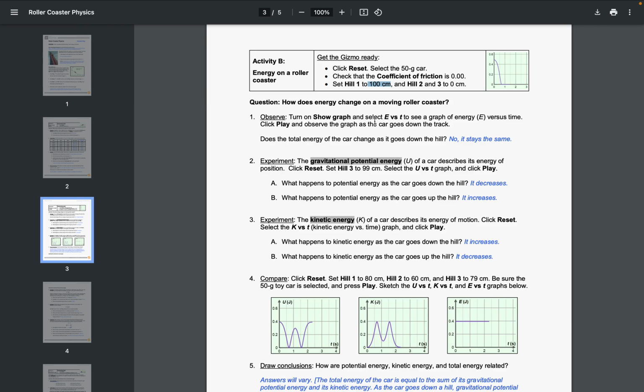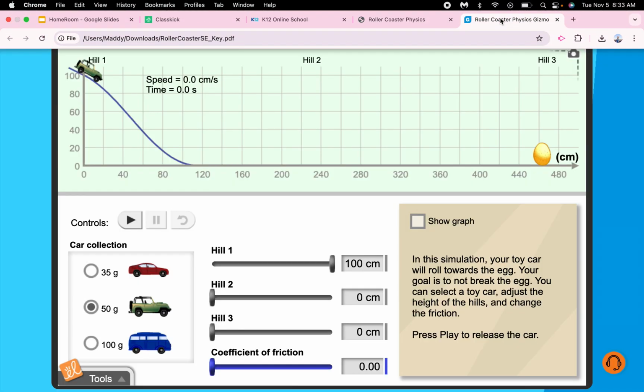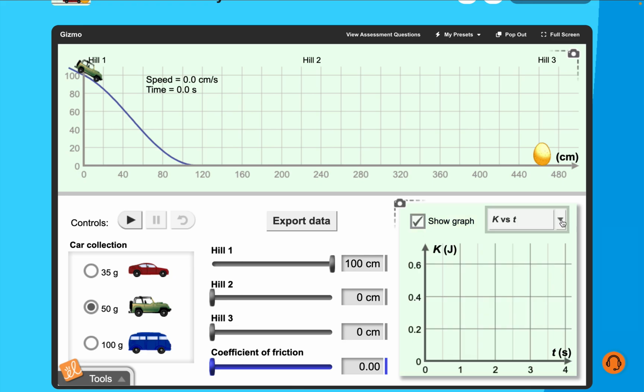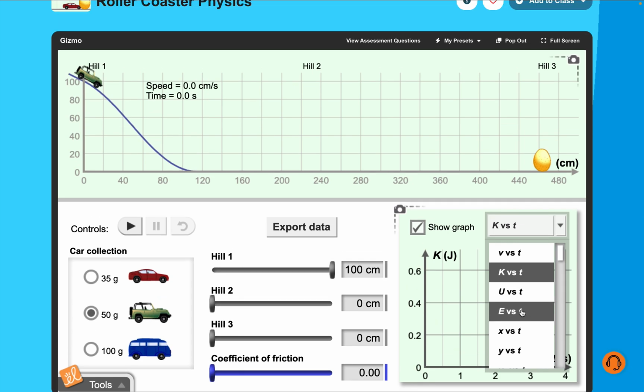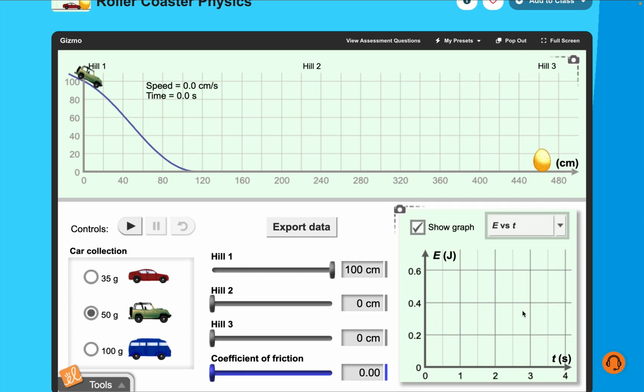You're going to click the graph to be showing and then select E versus T. So when we click show graph, we have a lot of options here. Dependent on what you're looking for is what you'll click. E versus T is energy versus time, and that's not a specific energy as in kinetic energy or gravitational potential energy.